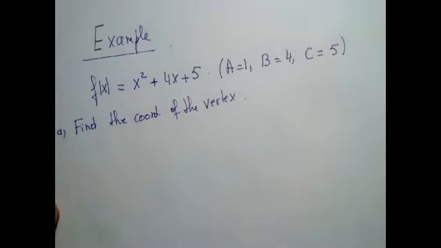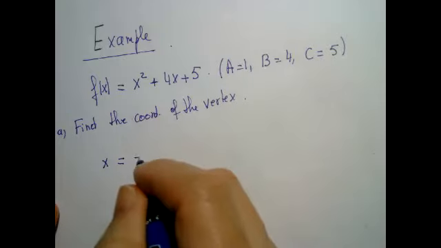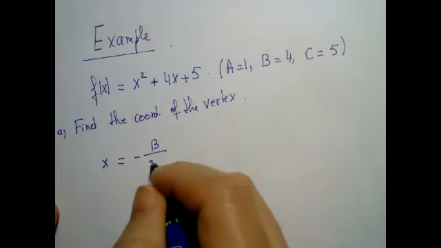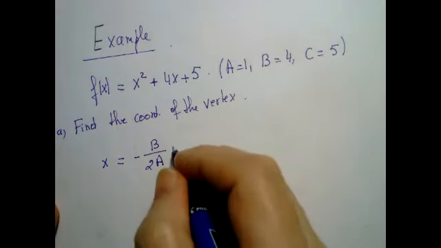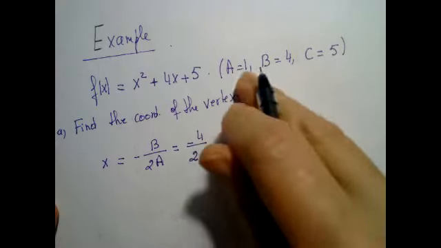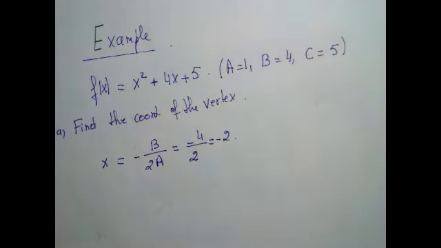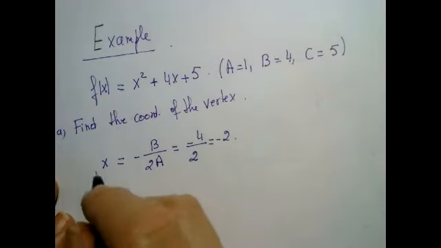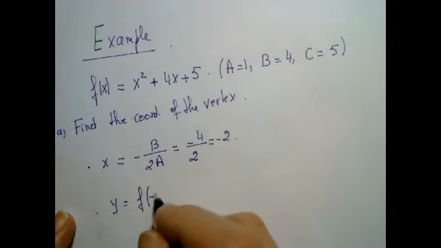All right. So what are the coordinates of the vertex? The x-coordinate is minus b over 2a. So minus b over 2a means minus 4 over 2. My a is 1, so it's going to be equal to minus 2. Now the y-coordinate is the value of the function at minus 2.